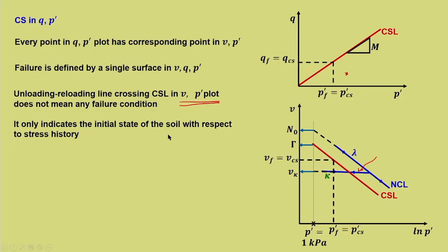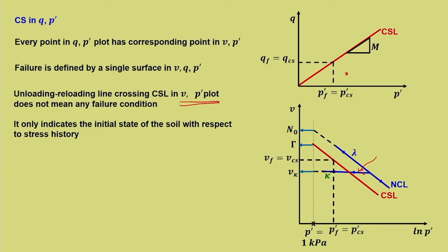With respect to V ln p dash, it is only the relative position or the state of the soil. When I say that it is on the unloading reloading line or on the NCL, it is only the initial state of the soil, and during shearing it moves towards the critical state line. Merely crossing does not mean that failure has occurred. It only indicates the initial state of the soil with respect to stress history.